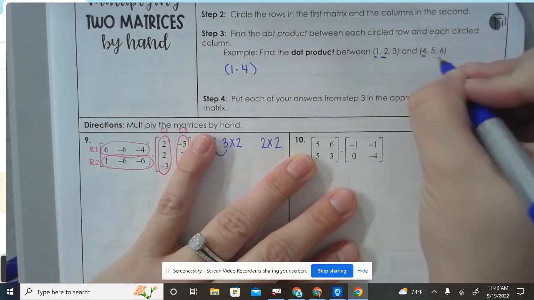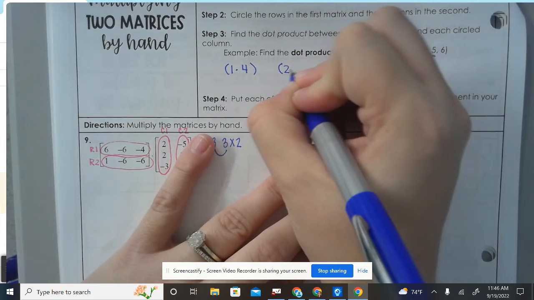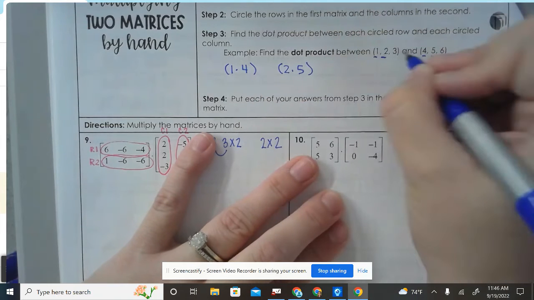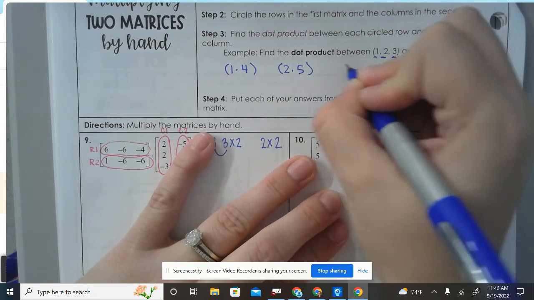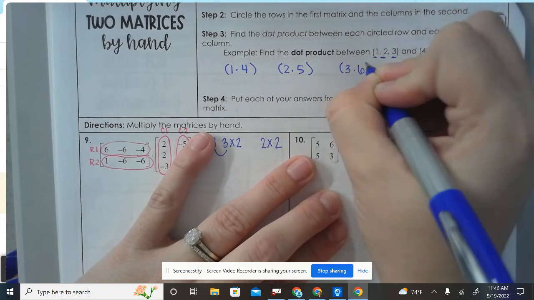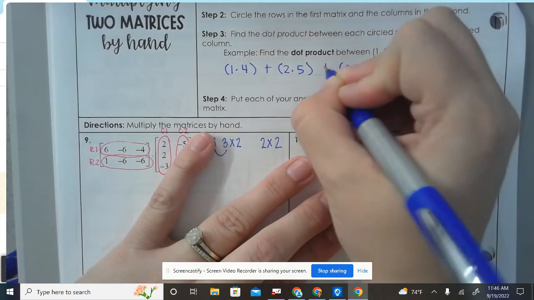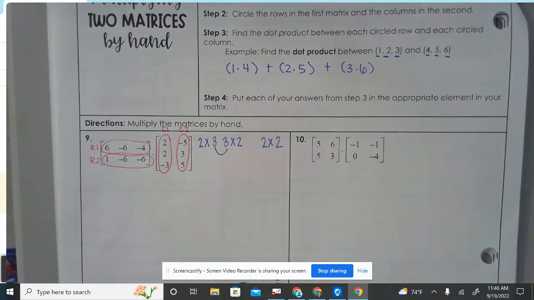You multiply the second numbers, the 2 and the 5. And then the third numbers, the 3 and the 6, and you add those together.